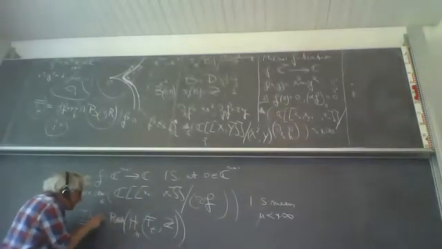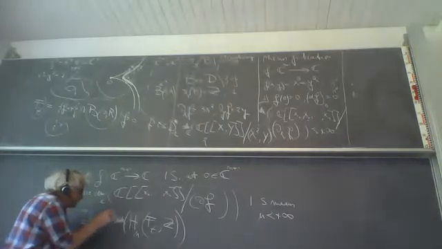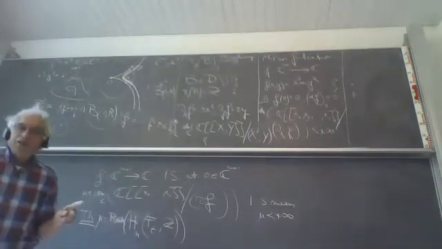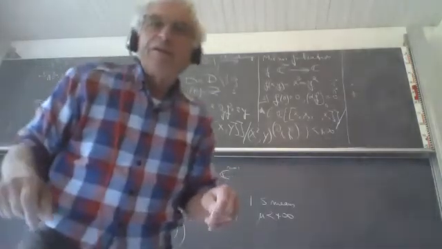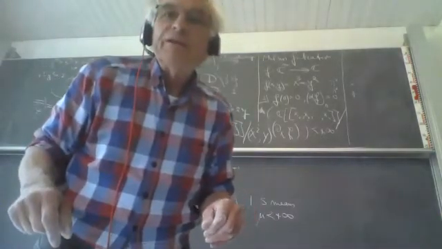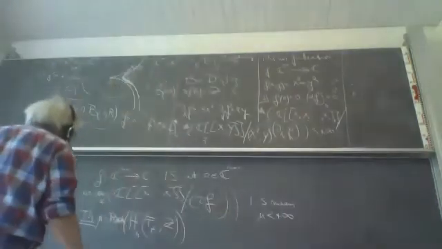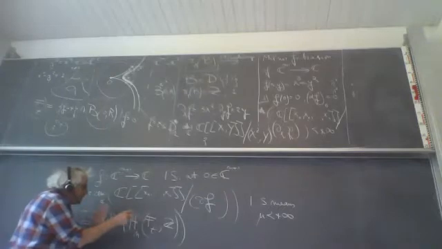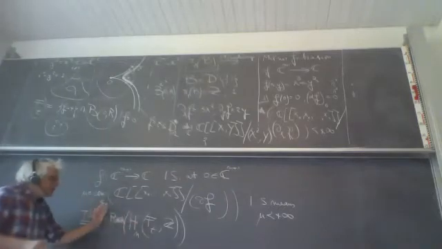It says some algebraically defined number is a Betti number. So this algebraically defined number has geometric meaning.